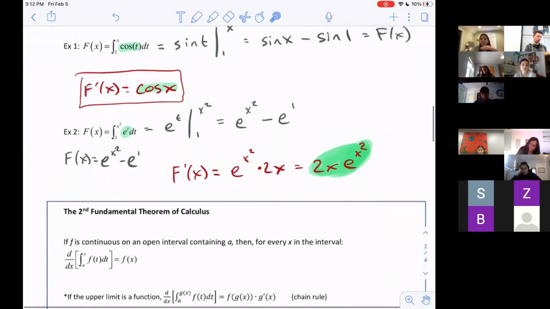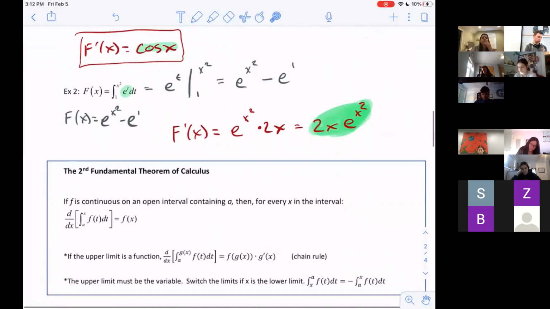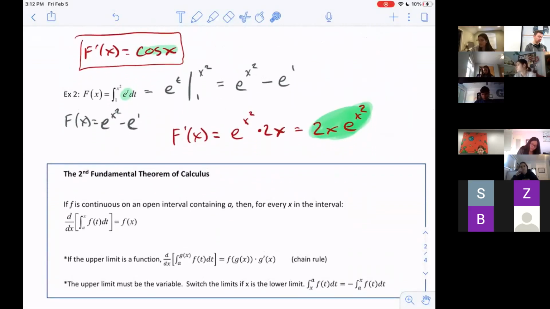So that leads us to our formula, a couple versions of it here. We need f to be continuous. Then the derivative of the integral from a to x of f of t dt is just f of x.